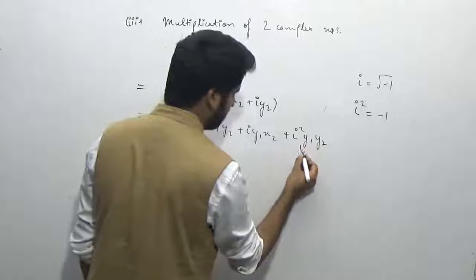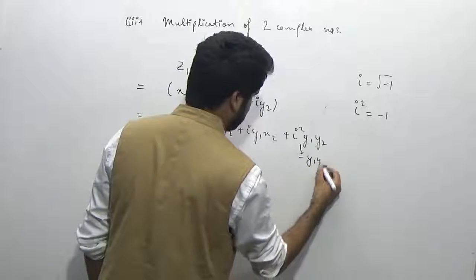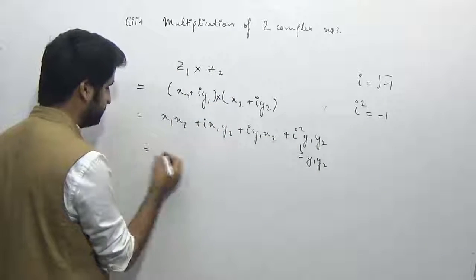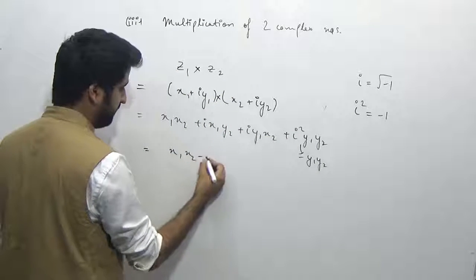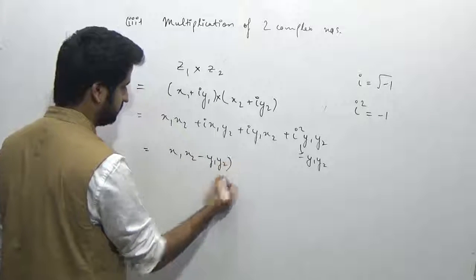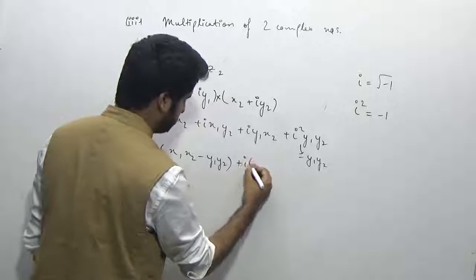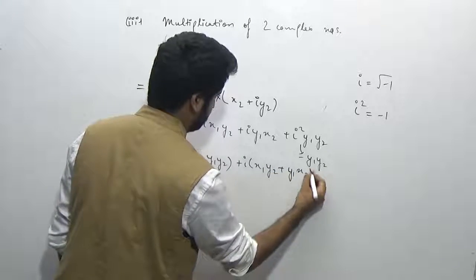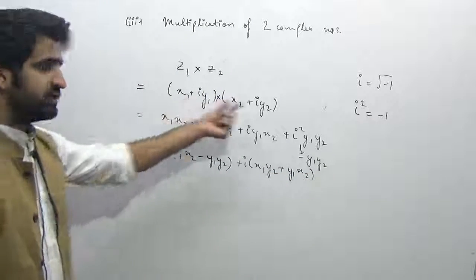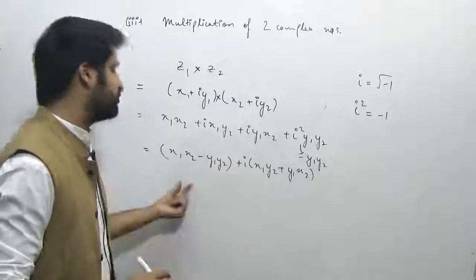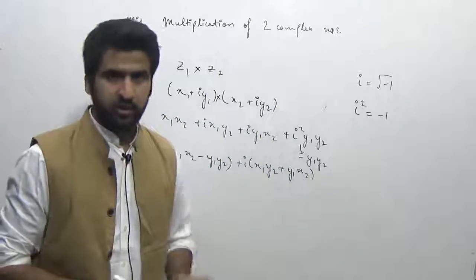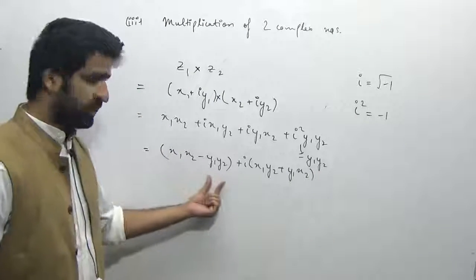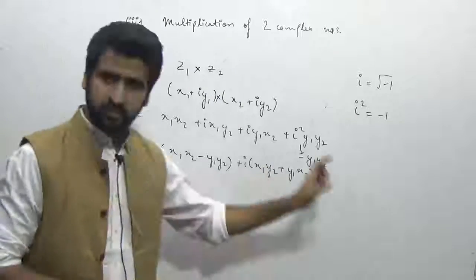Therefore the multiplication of complex numbers becomes x1 x2 minus y1 y2 plus iota times x1 y2 plus y1 x2. So multiplication gives us 4 terms, out of which 2 are real and 2 are imaginary, and they have to be added separately. Real parts separately and imaginary parts separately.